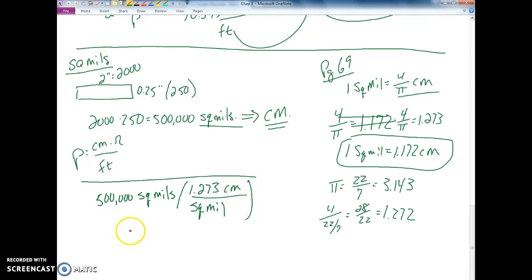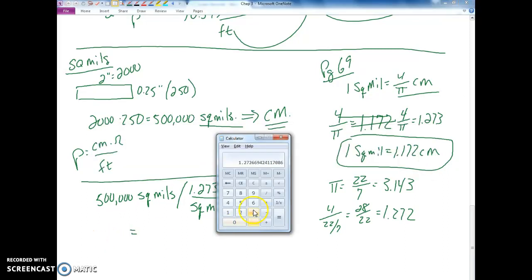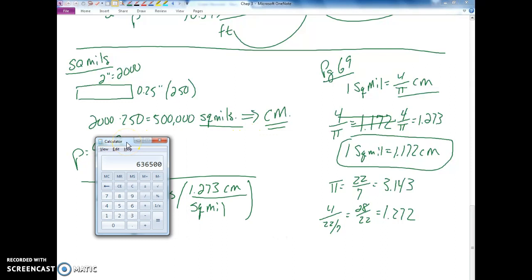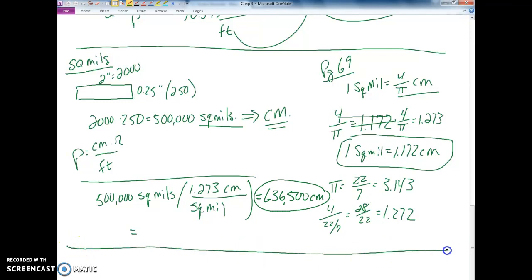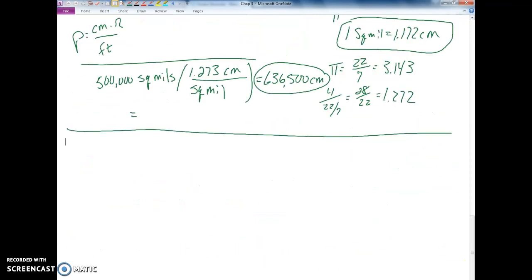And so 500,000 square mills would be equal to, see here, 500,000 times 1.273, and I get 636,500 circular mills. Okay. Now we can move on to example 3.3.